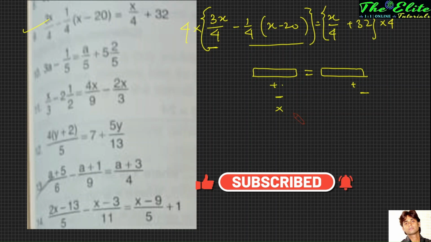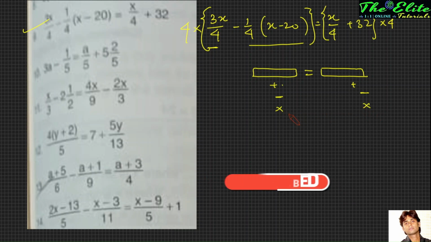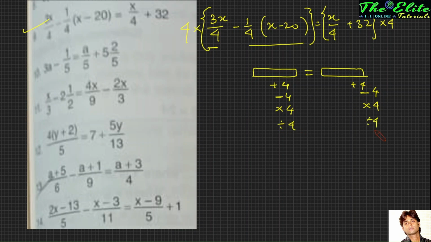If we multiply, we will multiply here as well. Like multiplying by 4 on the left hand side, we have to multiply on the right. If we are subtracting 4 from the left hand side, we will subtract the same number 4 from this. If we are adding, we have to add the same. Likewise, the case is with division. This is the scenario, because we have to maintain the balance of equality, and this is required.